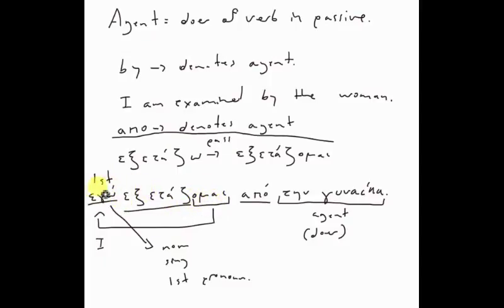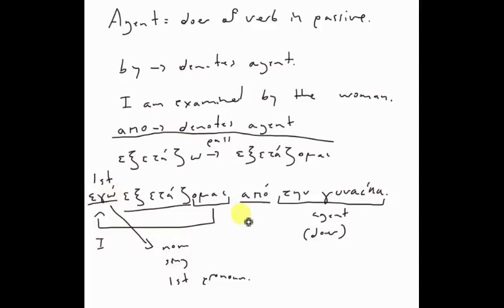The grammatical subject, which is in the nominative case, εγώ, me. So this is how agency works. Apo is used to denote the agent, who is the doer of the verb, and the grammatical subject, which is in the nominative case, is the subject of the verb. The verb agrees with the subject, and the subject is also the direct object in the passive.